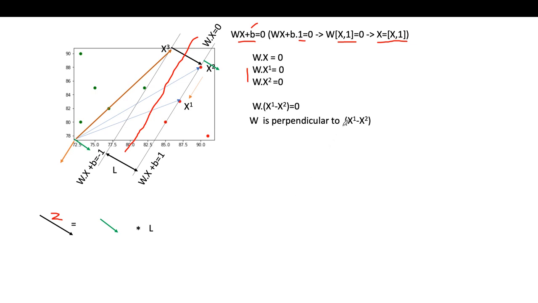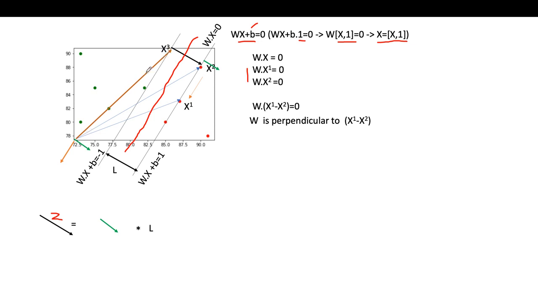Now if you have a close look, let's consider the point from where we dropped the perpendicular on x2, on this parallel line, as x3, and let us consider it as a point on the plus plane. That is one of these green points which resides on this line, and that is also a support vector, one of the points closest to the line.